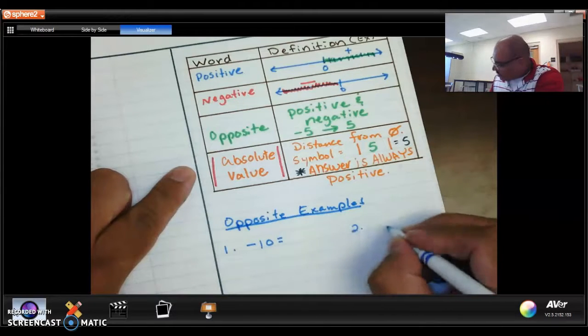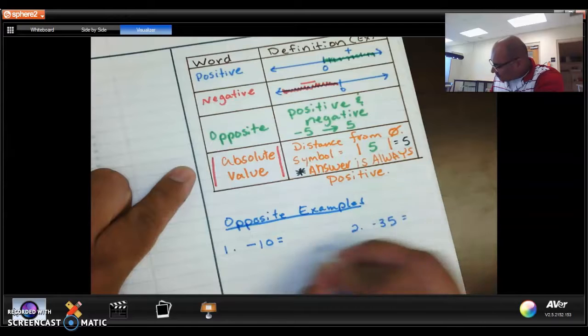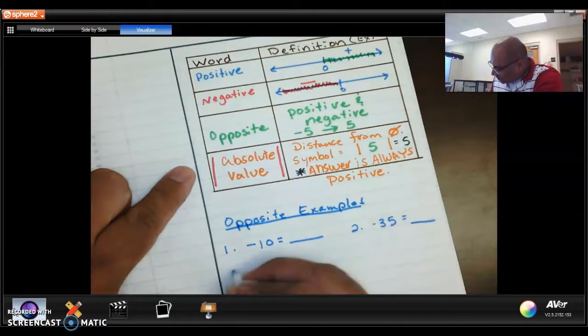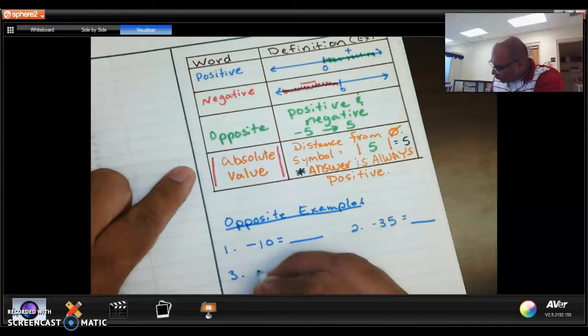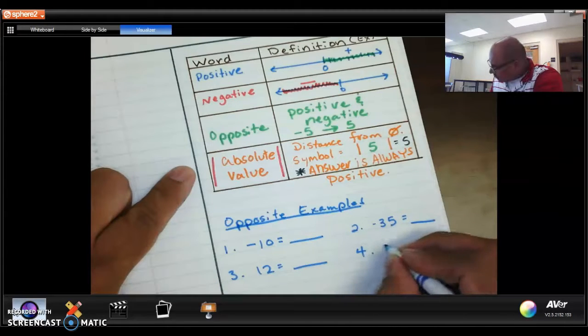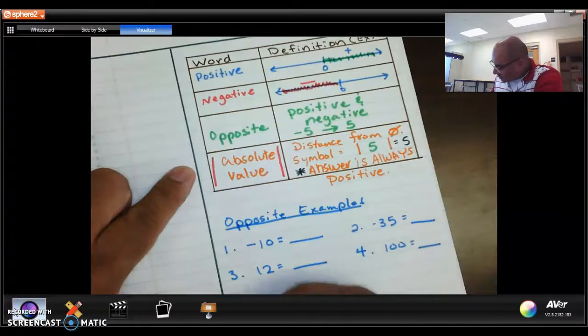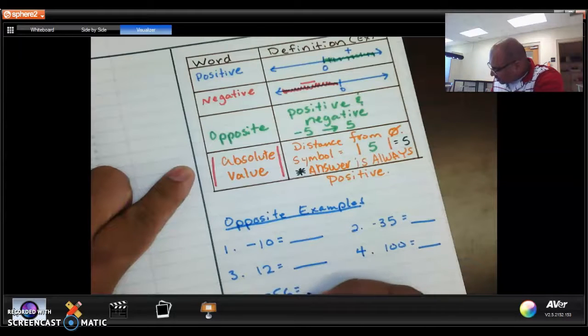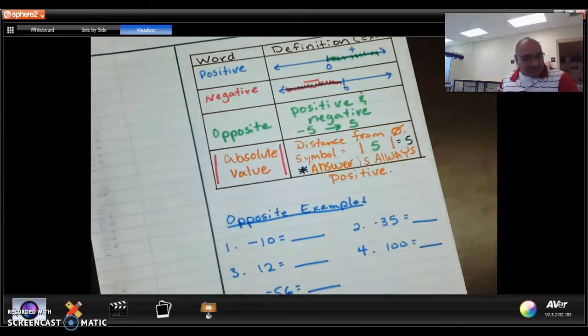The second one, negative 35. Third one, 12. The fourth one, 100. The fifth one, negative 56. And hopefully 5 examples for this part will suffice.